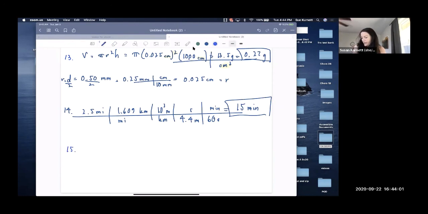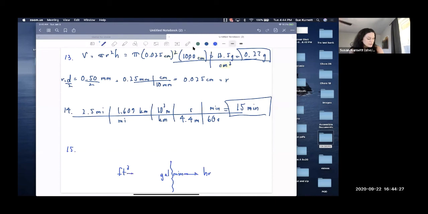Okay, so now we're going from a volume to a time, which also requires a rate to cross over. And our volume is given in cubic feet. The time we're asked for is in hours. And the rate we're given is in gallons per minute. So I put gallons on the volume side and minutes on the hour side. And that's where the rate is going to cross us over between dimensions.